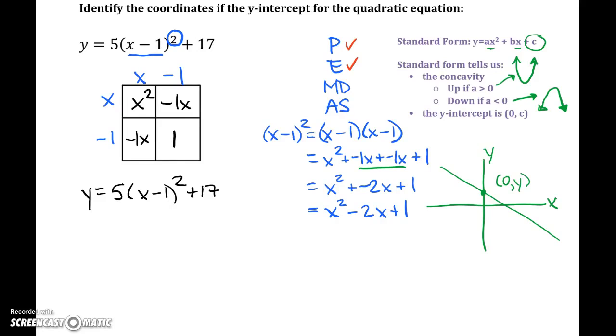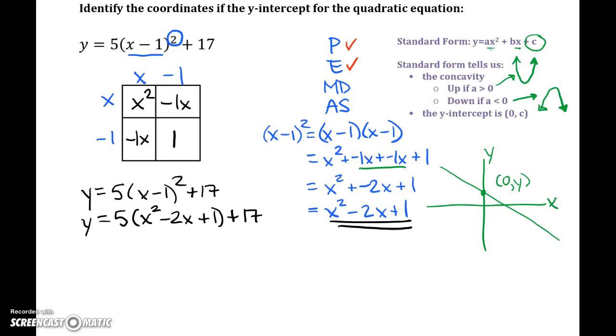Well, we just figured out the (x minus 1) squared, so I'm going to substitute that in. So I have 5, and then this becomes our value from over here, which is x squared minus 2x plus 1, and then we still have the plus 17 on the end.